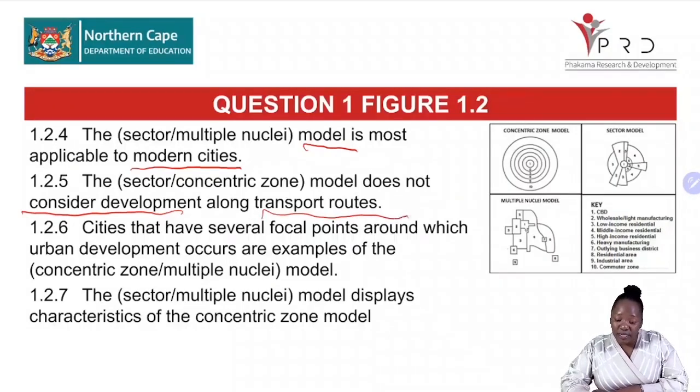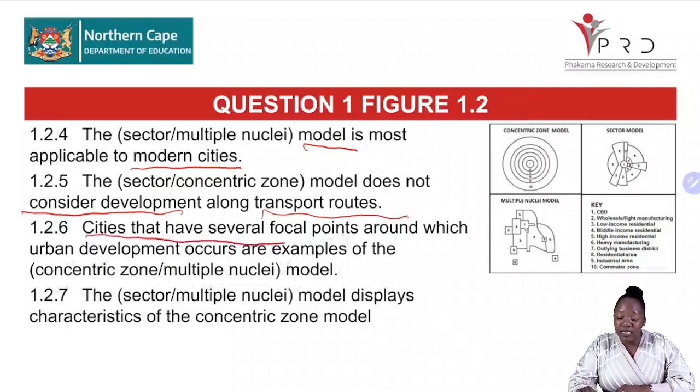Then your number 6, the cities that have several focal points around which urban development occurs are an example of, is it a concentric or is it a multiple nuclei? We are looking at the cities that have several focal points between your concentric and your multiple nuclei.